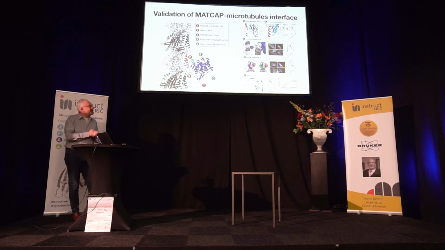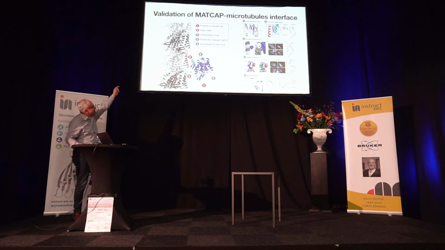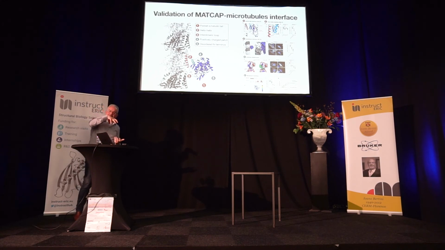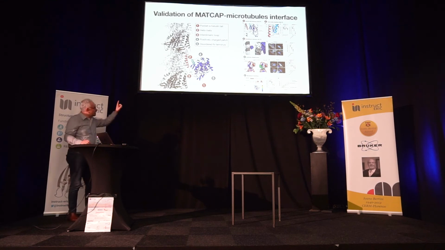We think that a determinant of that is actually this little loop that contacts, in the middle is the alpha-beta dimer of the 2 tubulins. What you see below is the next beta of the alpha-beta dimer of the protofilament. So that's why we think it's one of the reasons that it prefers the protofilaments, because of this interaction.